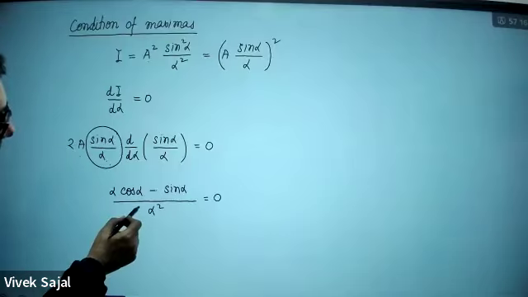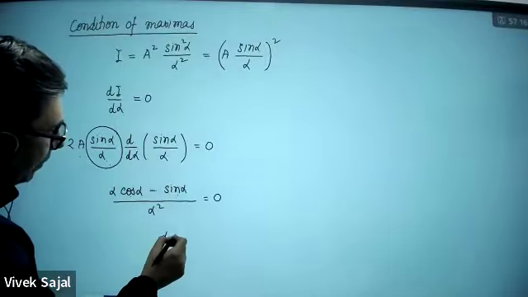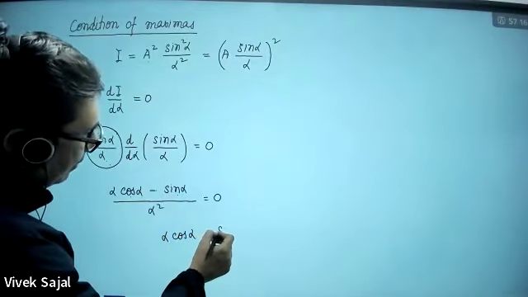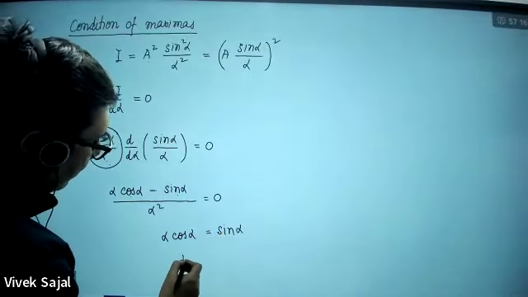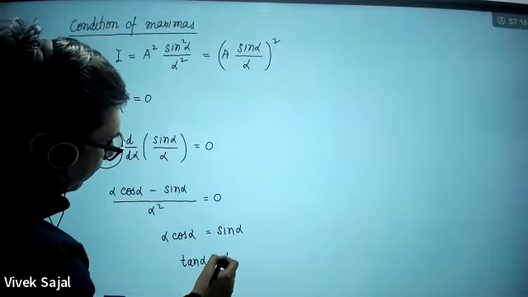So equate this. What are you going to get? You will get alpha cos alpha equal to sine alpha. So tan alpha is equal to alpha.